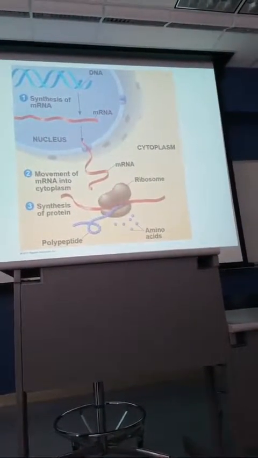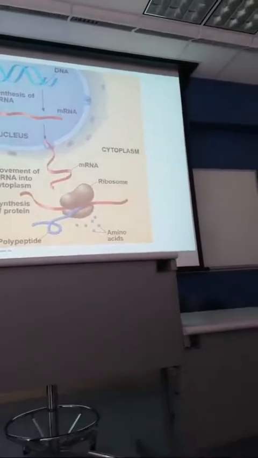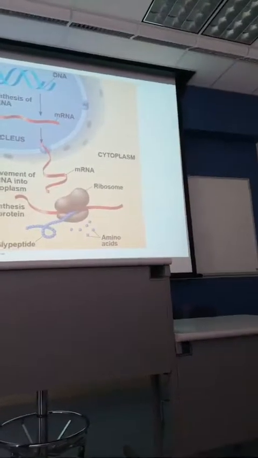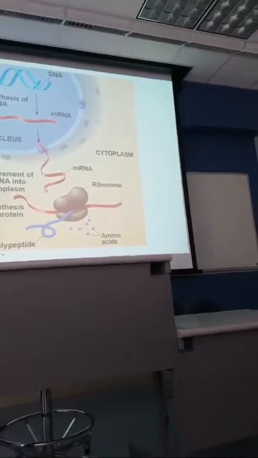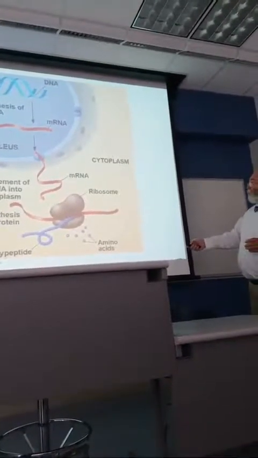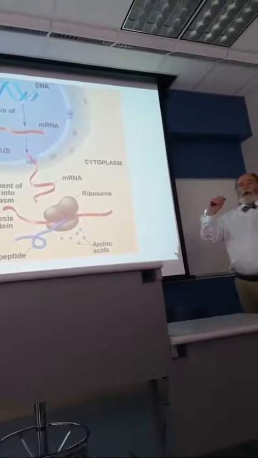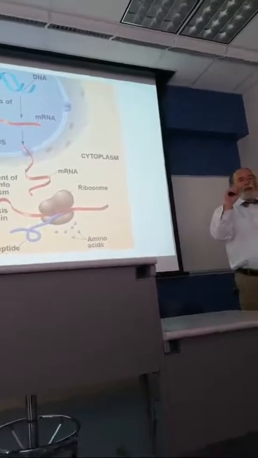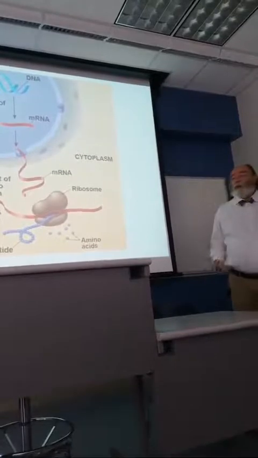The ribosome is one of these proteins that has different structures. It's got parts to it. That ribosome will enter in through here. This ribosome is almost like a vise that holds it in place so everything is lined up.